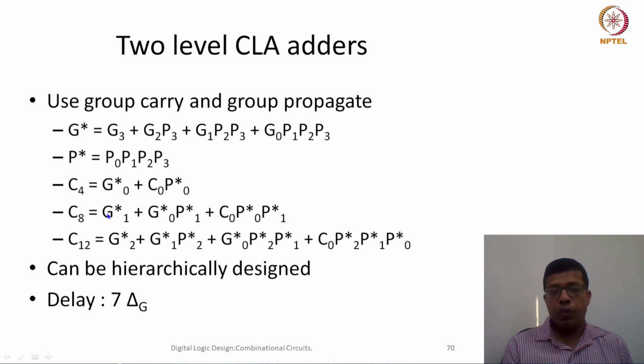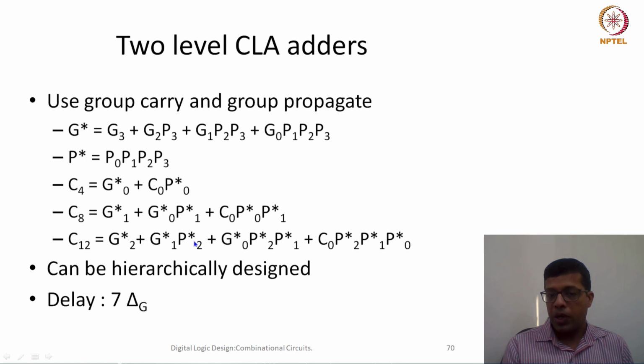Similarly for group 1, if it is generated at group 1, or it is generated in group 0 and propagated through group 1, or there was a carry input and it is propagated through group 0 and group 1.